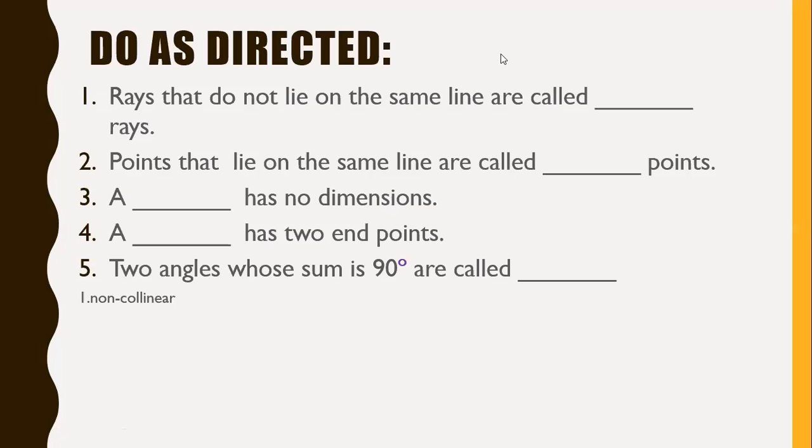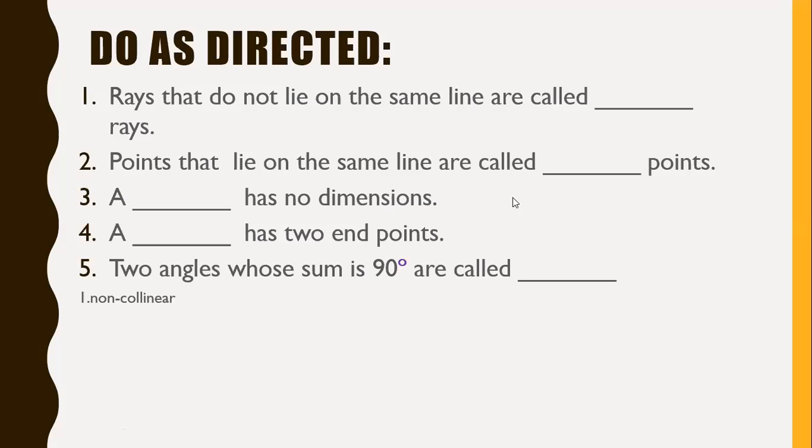Now I want you all to mention the answers in the chat box. Very good, student. But I want you all to mention the bit number also. So answer number 2 is collinear points.